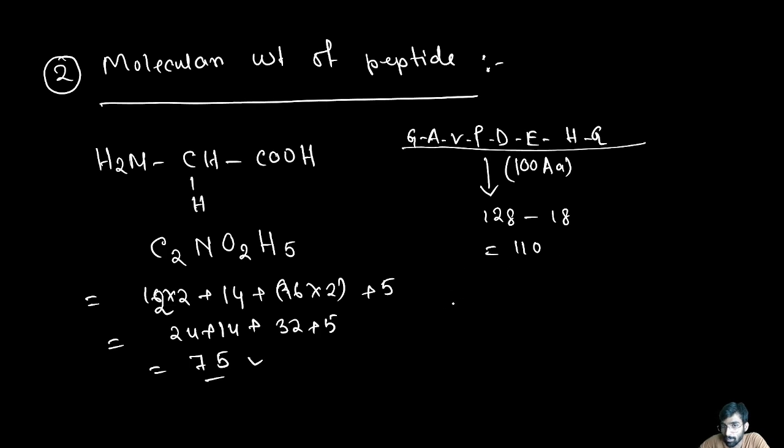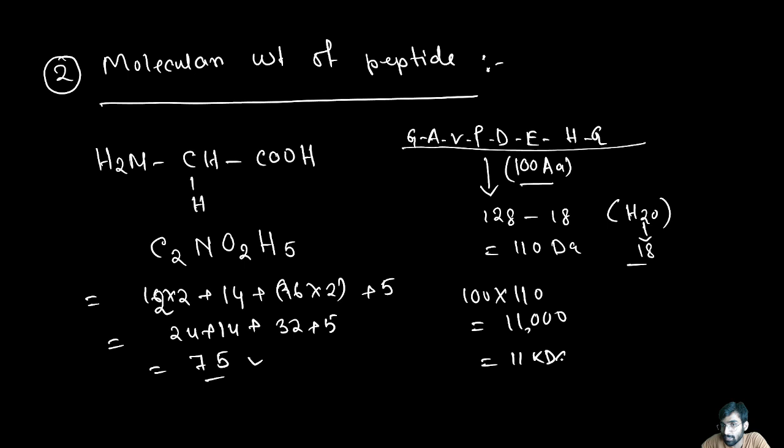In the peptide bond, one water molecule is released, and a water molecule weighs 18, right? That's why 110 Dalton. So if I tell you 100 amino acids are there, the molecular weight will be 100 into 110. That means 11 kDa. Now multiple kinds of questions are possible.